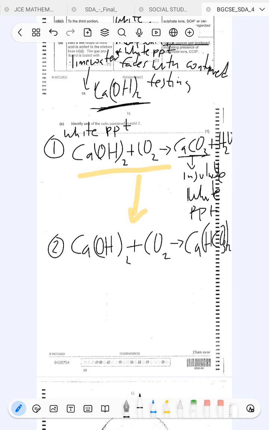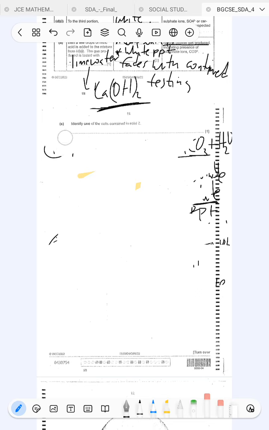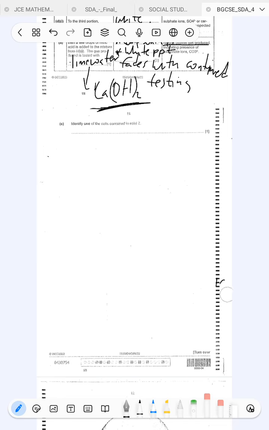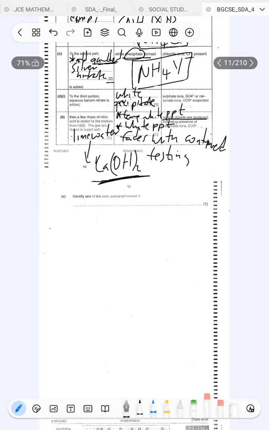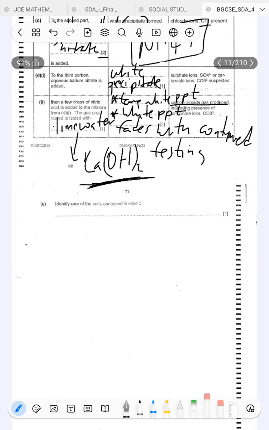Now this is soluble, therefore that white precipitate disappears over time. I'm just explaining this so that you can get the chemistry behind what's happening in that reaction.